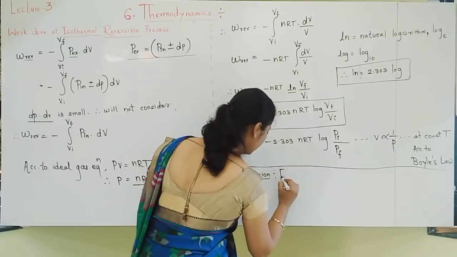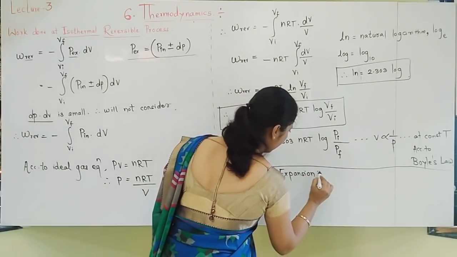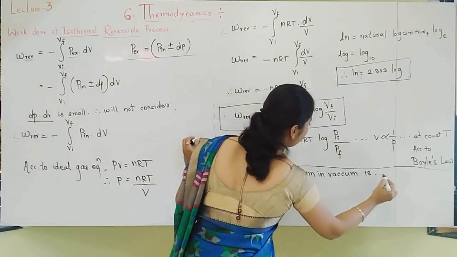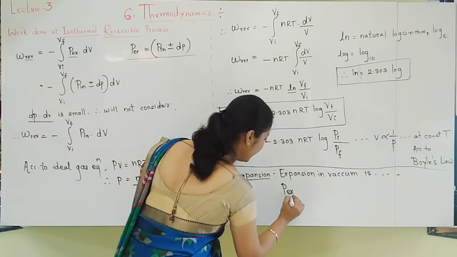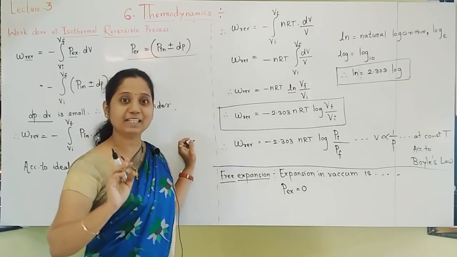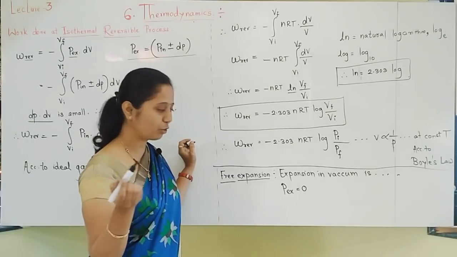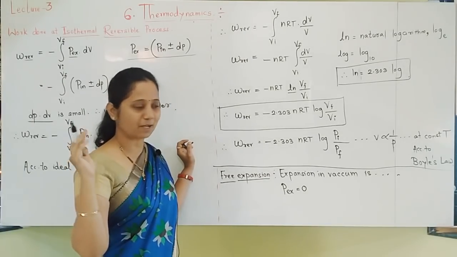So you can write: expansion in vacuum is called free expansion. Why? Because in vacuum P external is 0. External pressure will not be there in vacuum. No air will be there. That's why external pressure won't be there. That's why expansion in vacuum is called free expansion.